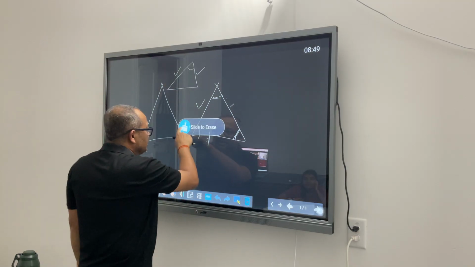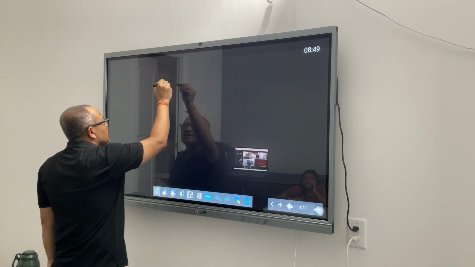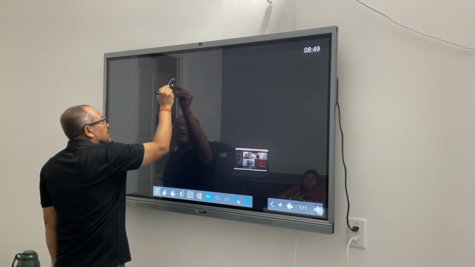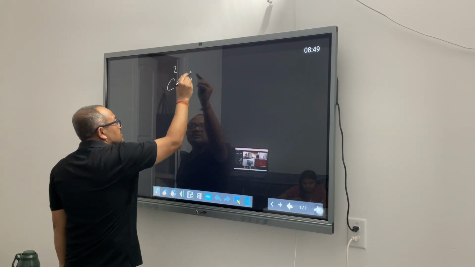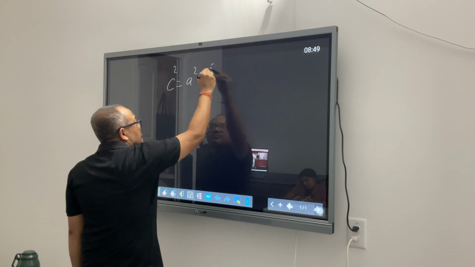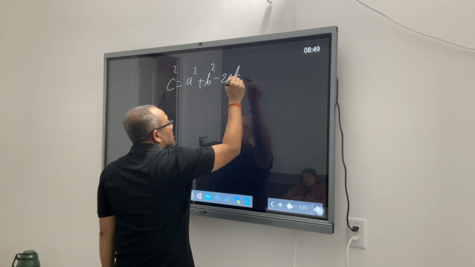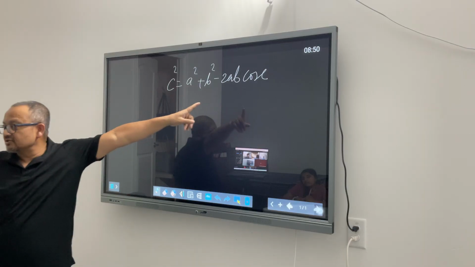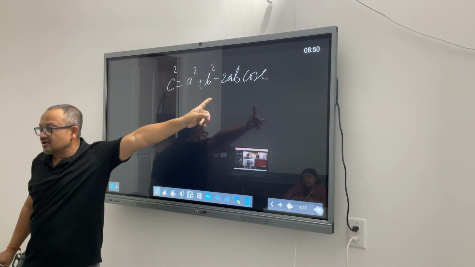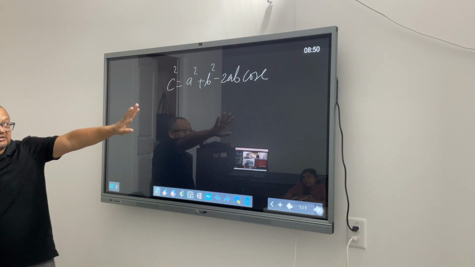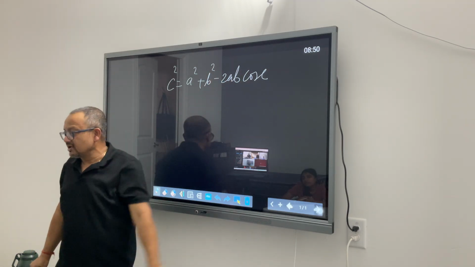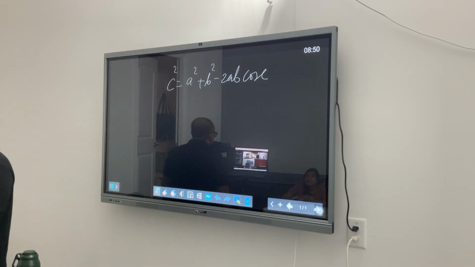Law of cosine is C squared equals A squared plus B squared minus 2AB cos C. So here you are not using the sine trig ratio. You are using cosine. That's why it's called law of cosine.